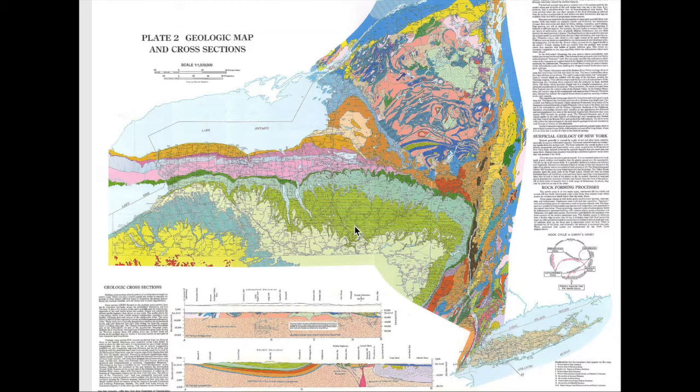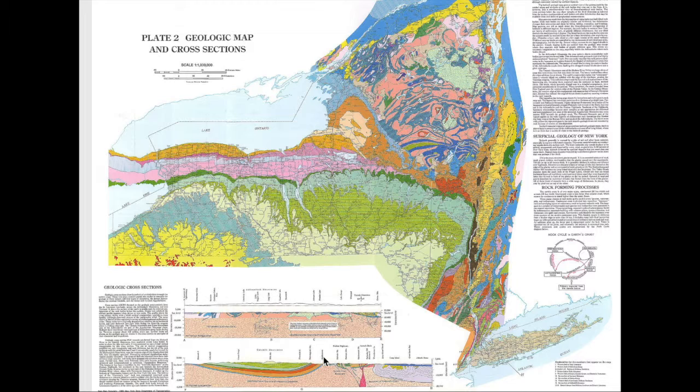You've got 50-mile wide areas that are the same rock unit. This color green or this sort of greenish tan color. So that doesn't mean that the rock layers are like tens of miles thick. They just happen to be flat, and you can see that in the cross section here.